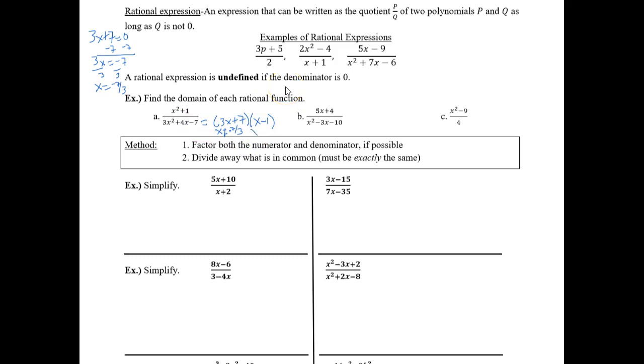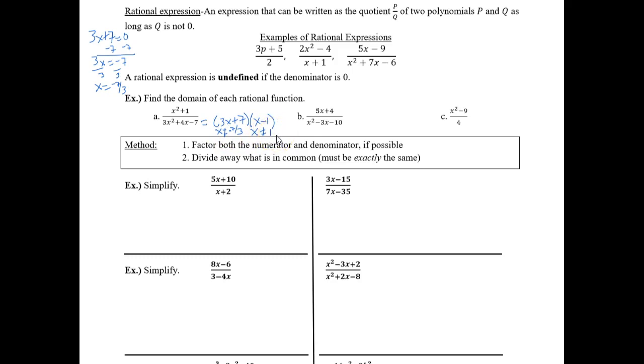X can also not be 1, because that would make this parenthesis 0, and 0 times anything would be 0, and then the denominator would be 0. So we can't have that either. So one way to write that would just be x cannot be negative 7/3, and x cannot be 1.